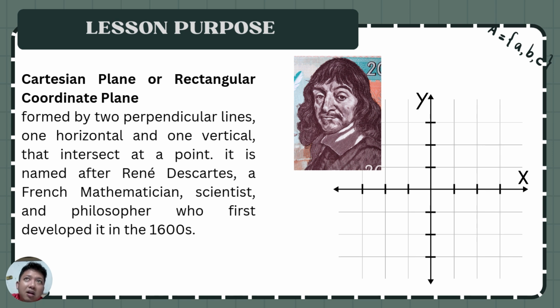From there, he could already locate the position of the mosquito. This concept of the Cartesian plane is widely used and very relevant in our daily life. In professions and so on, everything makes use of the concept of the Cartesian plane. Okay?